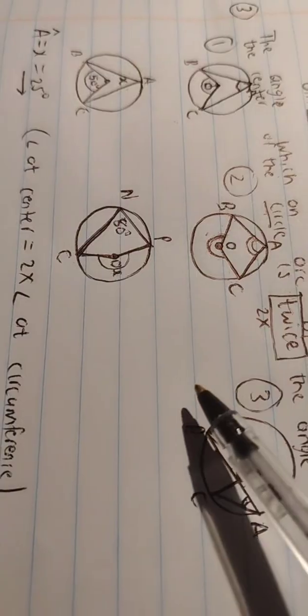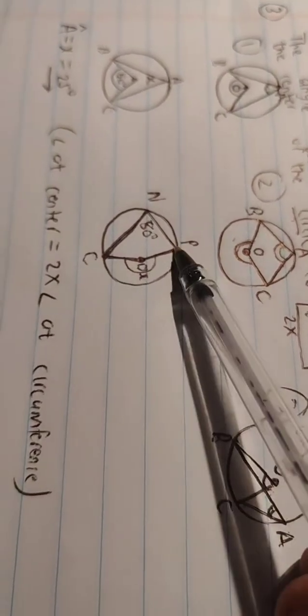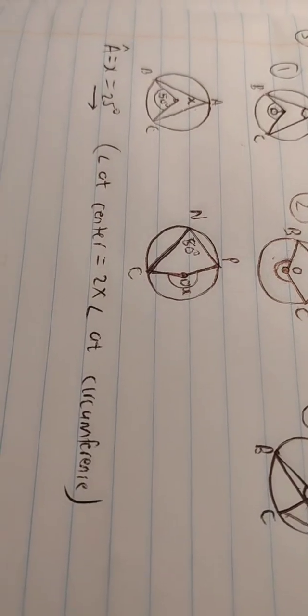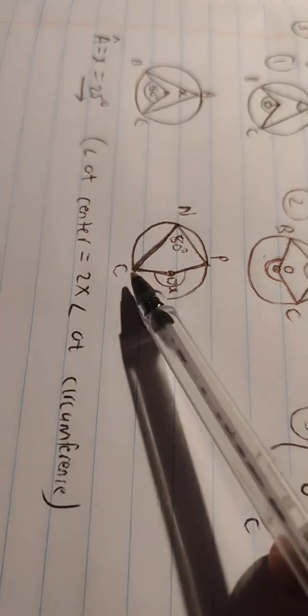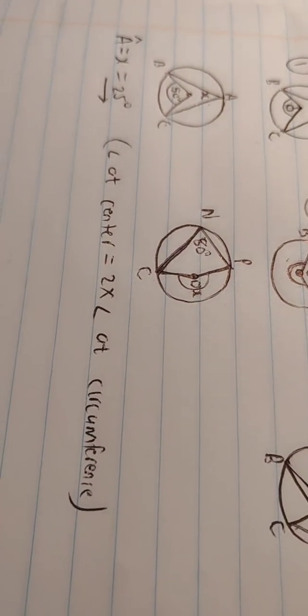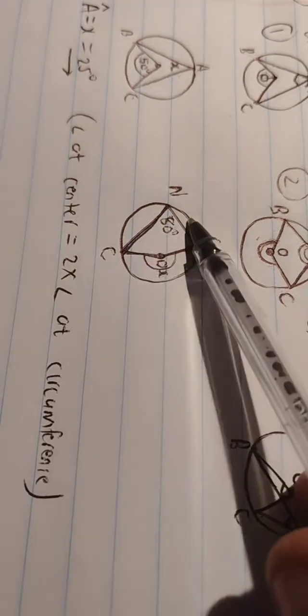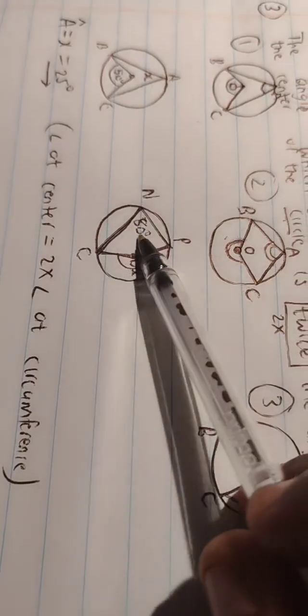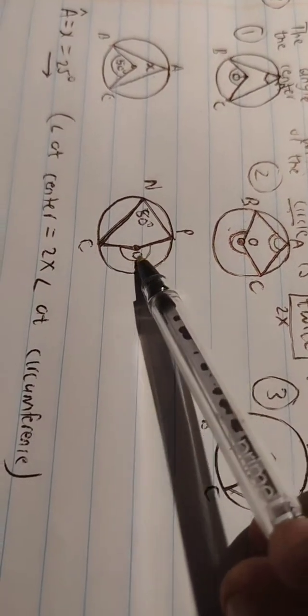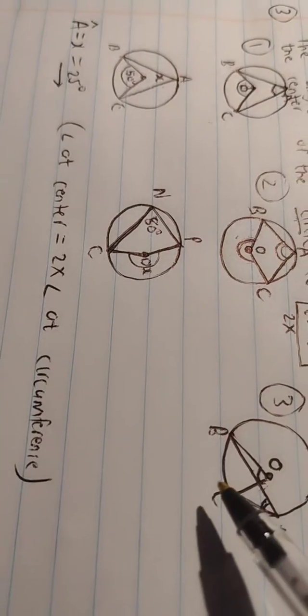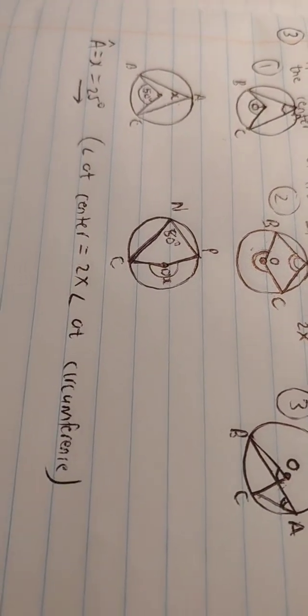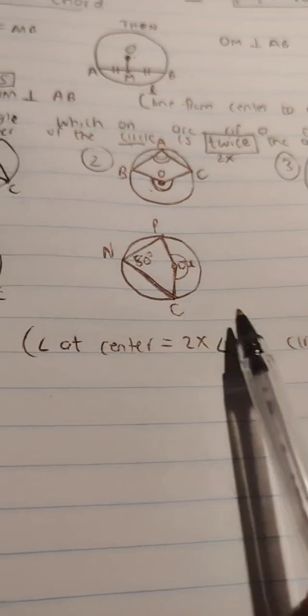Based on the theorem, the angle which an arc of a circle subtends at the center is twice the angle it subtends at the circumference. So if that is 80 degrees, what is the value of this angle X? Charlotte, 160, right? Very good. 160. It's as simple as that, guys.